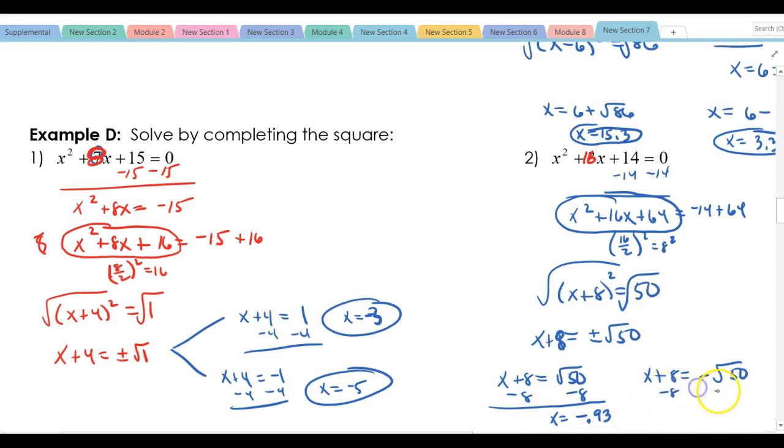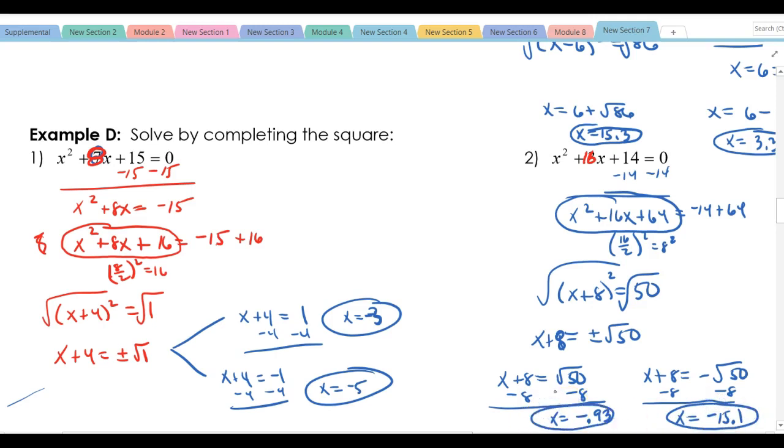And over here, when you subtract 8, you get negative square root of 50 minus 8, which would give you negative 15.1. And these would be your two solutions.